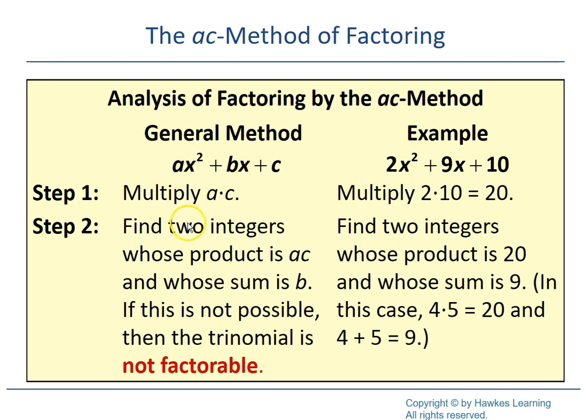We then want to find two integers whose product is AC, but whose sum is b, our middle term, the b part. And then we're going to go through a protocol that I will show you.